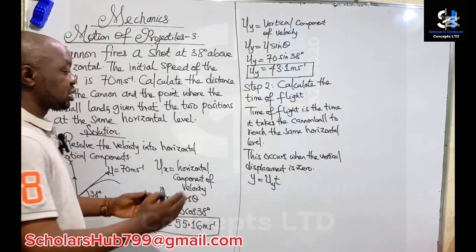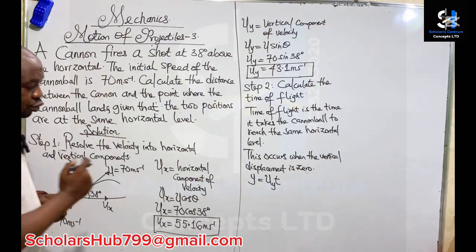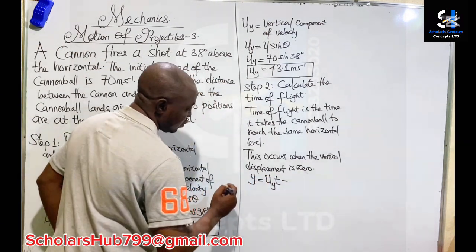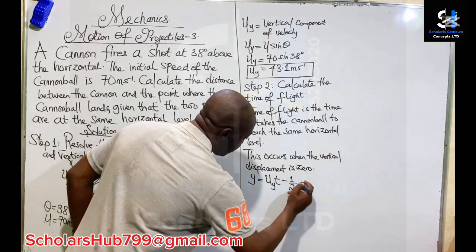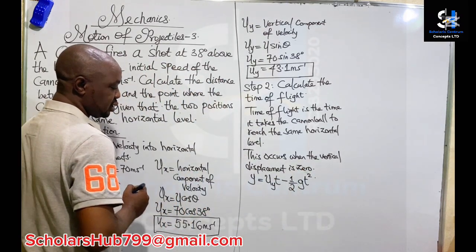Now in this case we are considering vertical motion, so this will be negative, and this will be 1/2 of gt square.